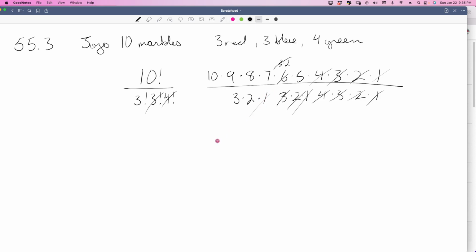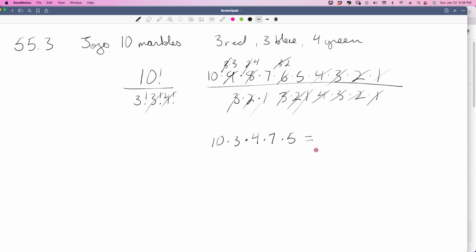The 1 goes away. And I know that in the 9, I have 3 times 3. So there's a 3. And in the 8, I have 2 times 4. So there's a 2. So what I have left is 10 times 3, times 4 times 7 times 5.